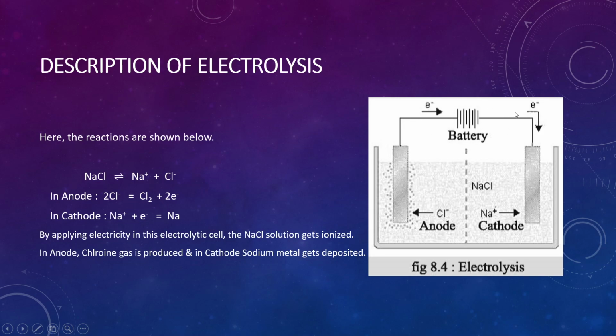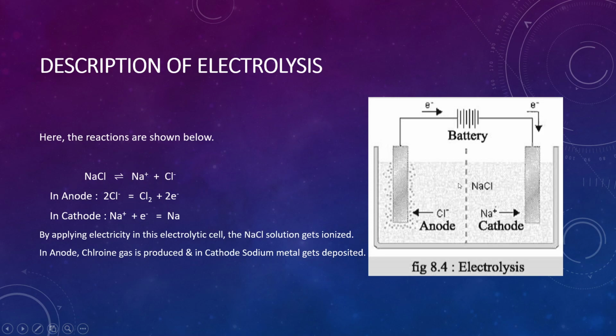So if we put this circuit into the electrolytic solution, then electrolysis will start and electricity is produced constantly from this battery, and the electrolyte will get ionized. We can see the reaction. Sodium chloride is getting ionized into sodium ion and chloride ion.